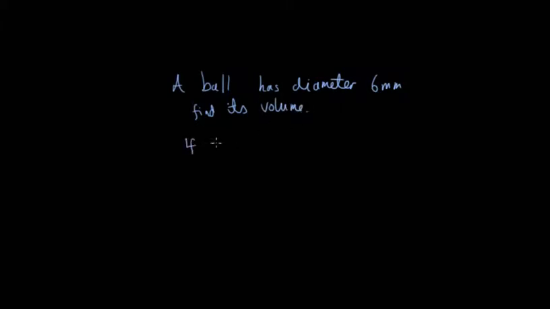So let's do an example. A ball has diameter 6 millimeters. Find its volume. So if the diameter is 6 millimeters, that implies the radius will be 3 millimeters.